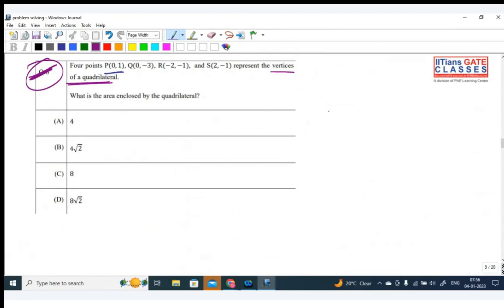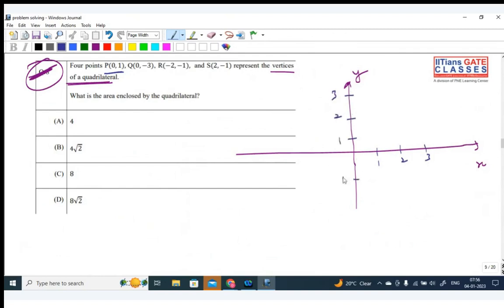What you can do here is take x and y and plot it first. This is x. So you can take the values of x and y, whatever values are given: 1, 2, 3, and on the other side -1, -2, -3.